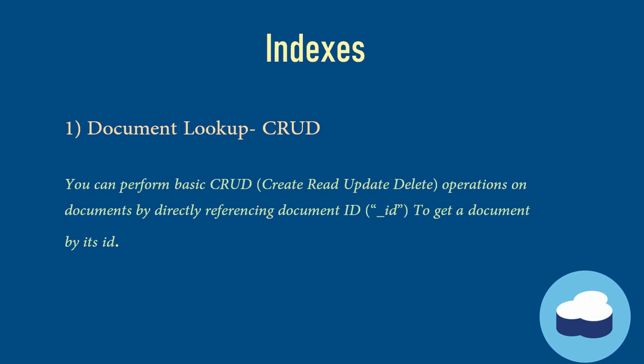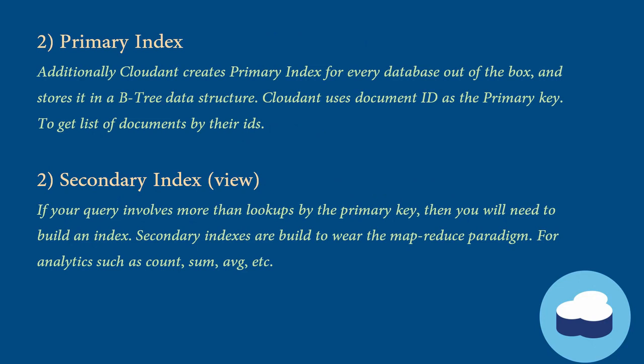If our data is not very complicated, and the database is not very complicated, we can perform direct document lookups, which can perform basic CRUD operations on documents by directly referencing documents using the document ID, the underscore ID key that is automatically generated in every document, and we can use the value to get a document by its ID. But we have to build indexes additionally, say a primary index.